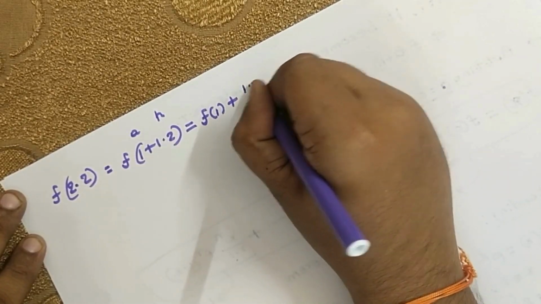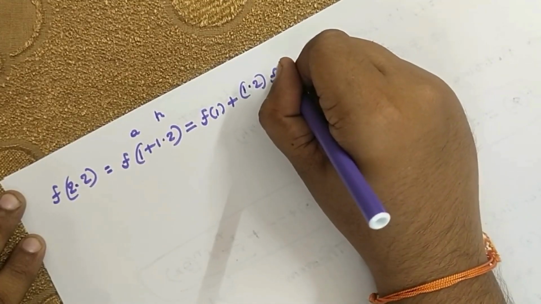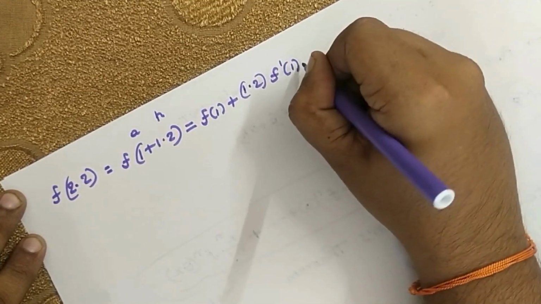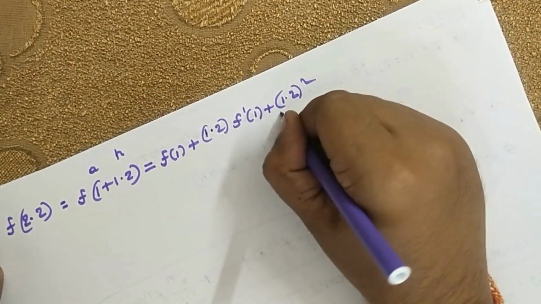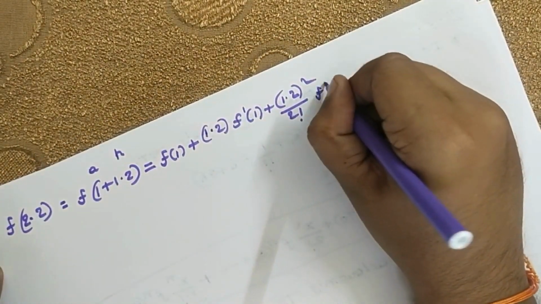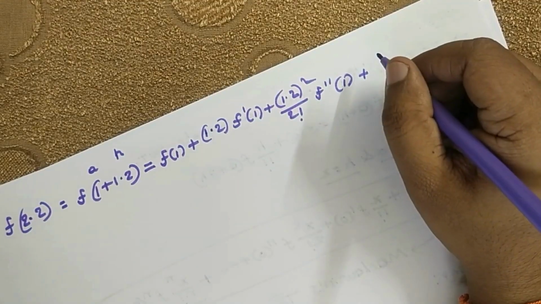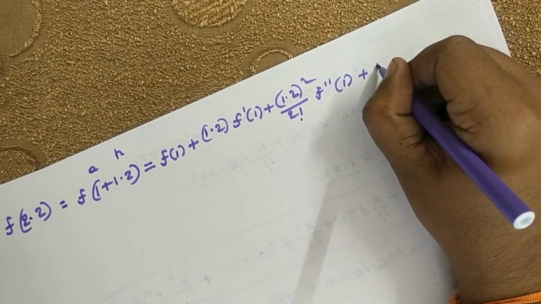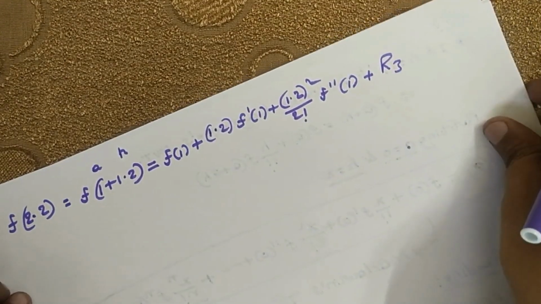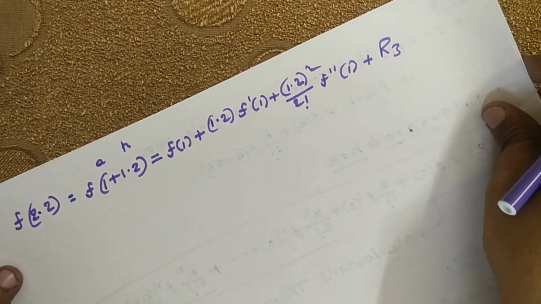So 1.2 by 1 factorial, that is 1.2 into f dash of 1, plus 1.2 square upon 2 factorial into f double dash of 1. And the last term, let's approximate it up to 3 derivatives. So we took Rn, and it becomes R3. So R3 is nothing but h cube by 3 factorial into f triple dash of a.